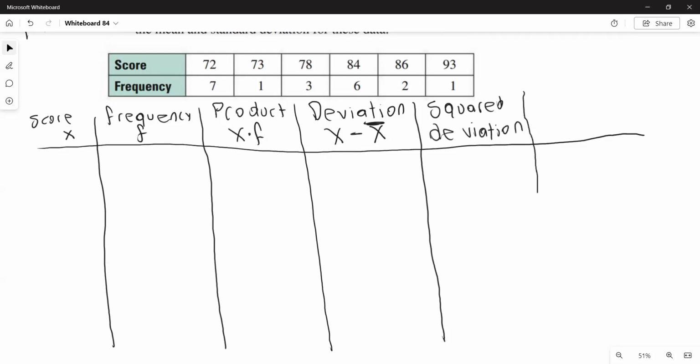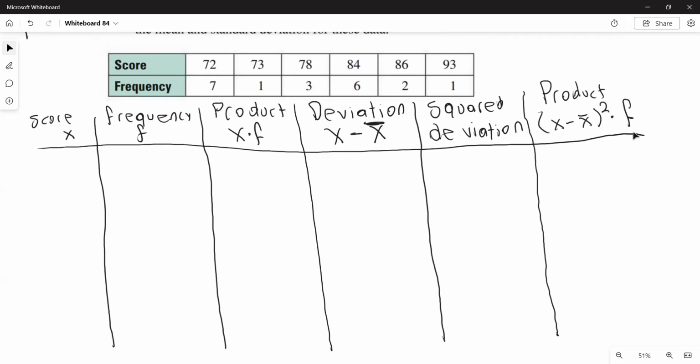And at the end, we are going to find the product of the score minus the mean raised to the second power. In other words, the square deviation times the frequency.